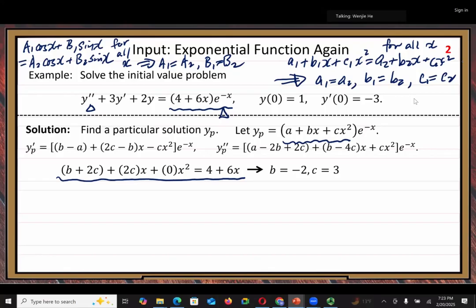So we can move one side to the other side, and then you get A1 minus A2 plus B1 minus B2 times x plus C1 minus C2 times x squared equals 0 all the time. That means identical to 0.